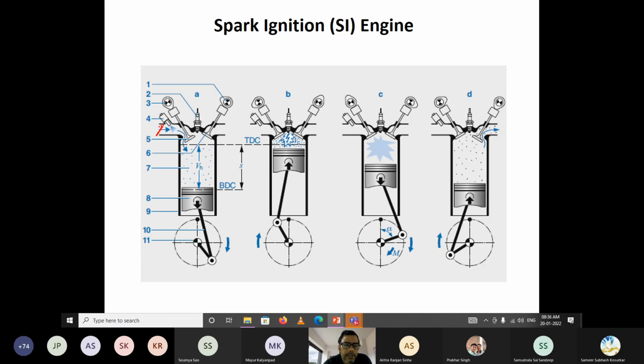Now, during the intake stroke in the spark ignition engine, let me introduce one thing here. Right now we have studied how these valves are actuated, the mechanisms through which the valves are actuated.